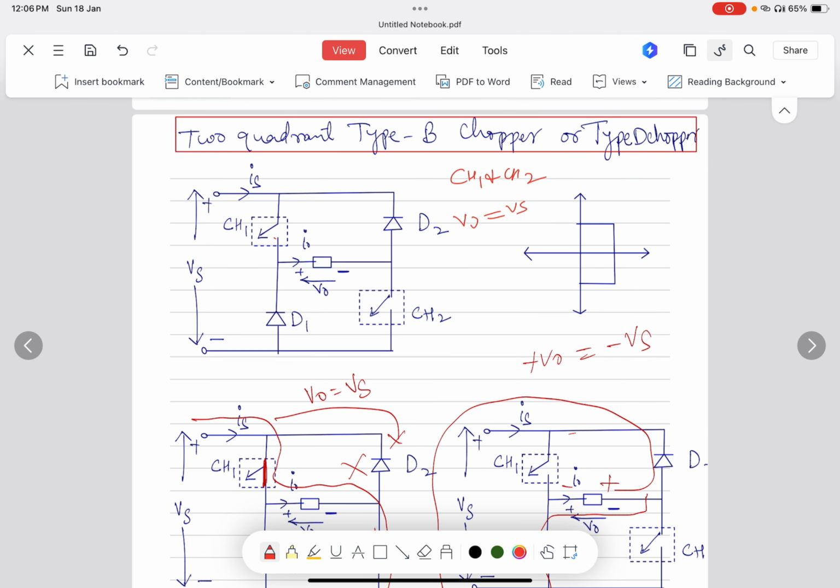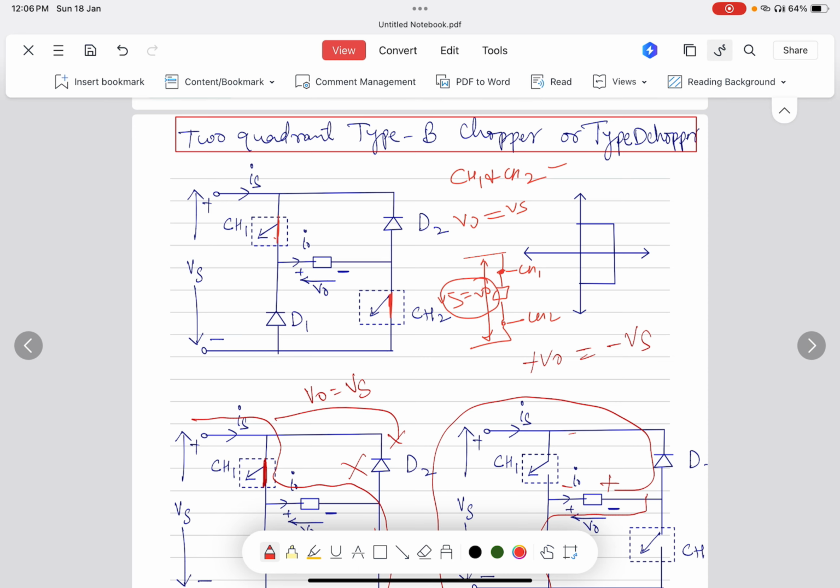I can simplify this diagram: this is CH1, in between the load is connected, and this one is CH2. This is the supply voltage and V naught is the voltage across the load. So Vs equals V naught when both CH1 and CH2 are on.